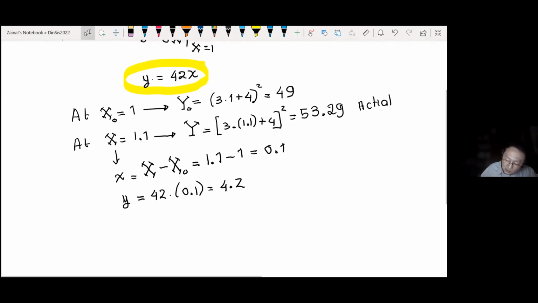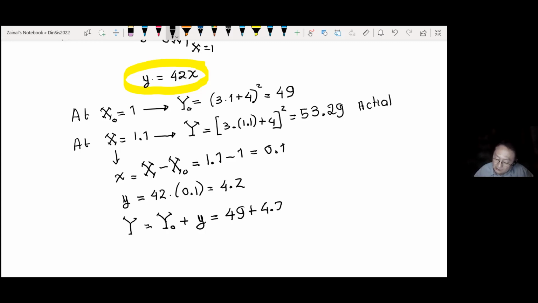So y is equal to y0 plus 4.2, where y0 is 49. 49 plus 4.2 is 53.2.